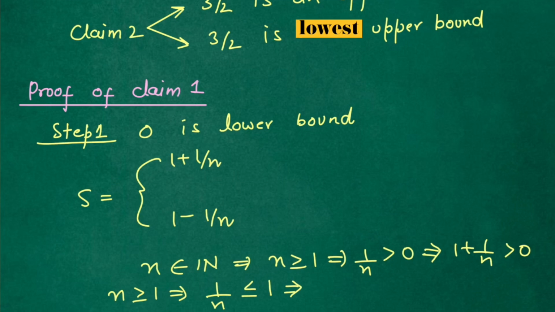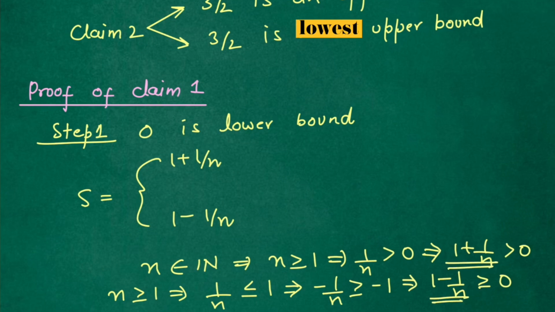So on multiplying by minus 1, it will be minus 1 over n greater than or equal to minus 1. Now adding 1 on both sides, this will be 1 minus 1 over n is greater than or equal to 0. So these two members of the set are always greater than or equal to 0.